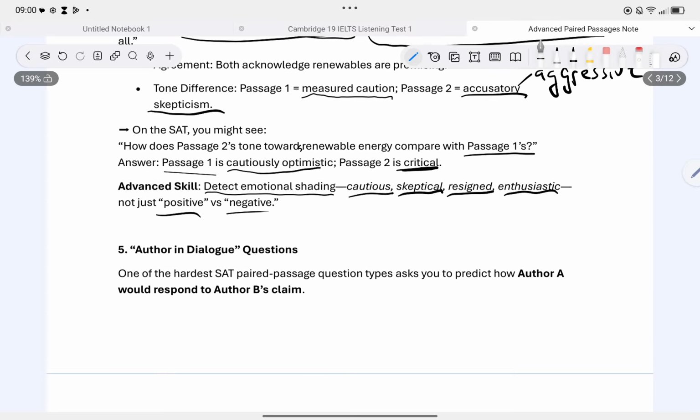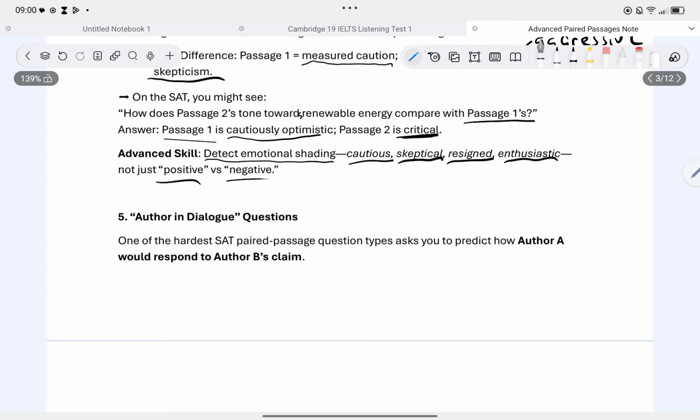All right. Author in dialogue questions. One of the hardest SAT paired passage question types asks you to predict how author A would respond to author B's claim. That is, how would author A like to respond to author B?